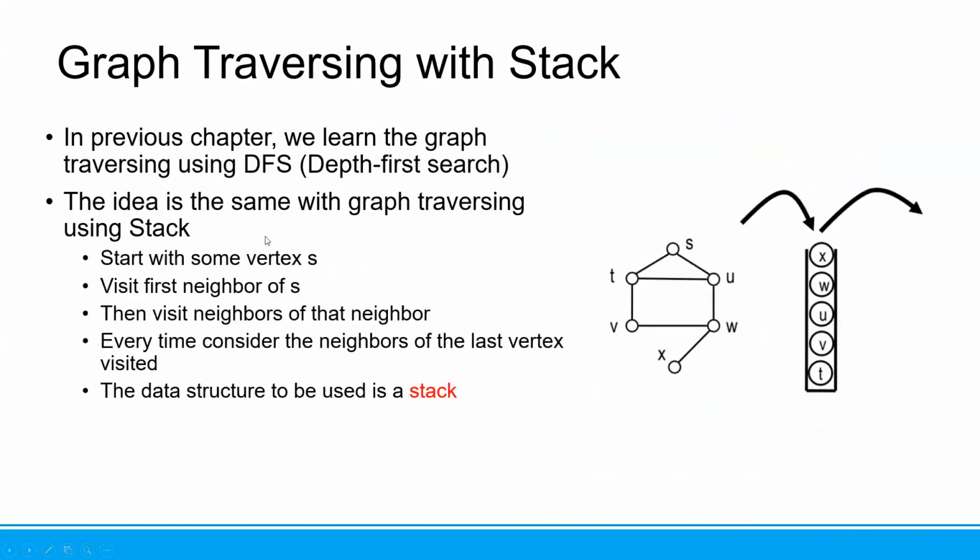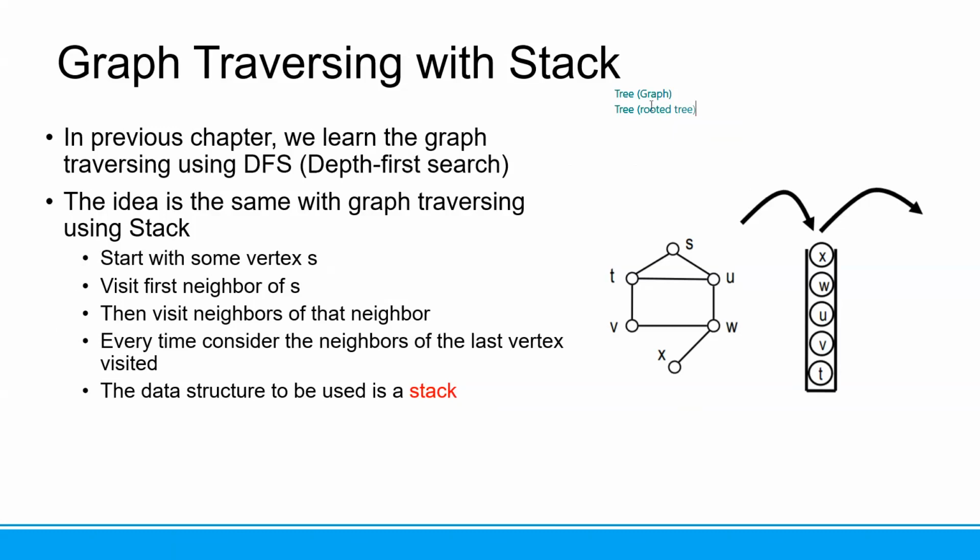We can also deal with the stack for graph traversing. I think you know when we are dealing with the tree. Okay, last time I mentioned to you, we have the tree for the graph, and we have another tree for the rooted tree. In a graph, we don't have any root.